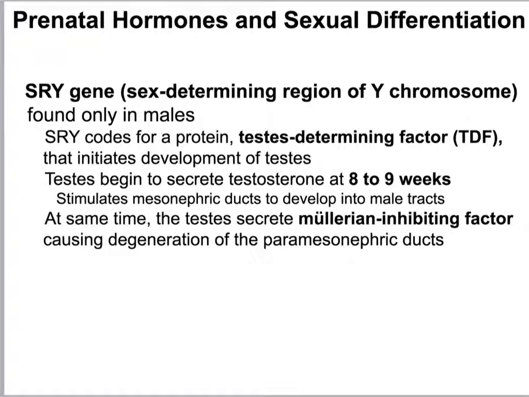So remember that testes-determining factor that I was talking about? Well, the testes-determining factor is the name of the protein. The gene is called SRY, and this gene makes testes-determining factor.